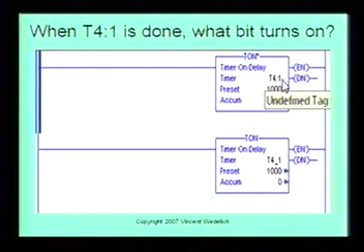So you can't put in T4:1 in ControlLogix, as we covered in the last course. But you can put in T4 underscore 1, or you can call it anything you want, timer 1, as long as you stay within the rules that we covered before on what a tag can and can't be. So what bit would turn on?